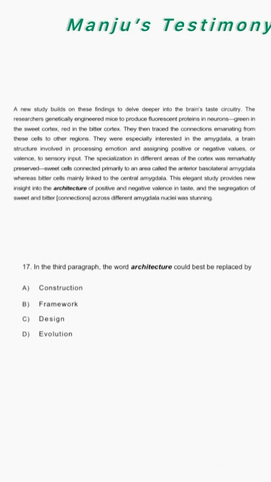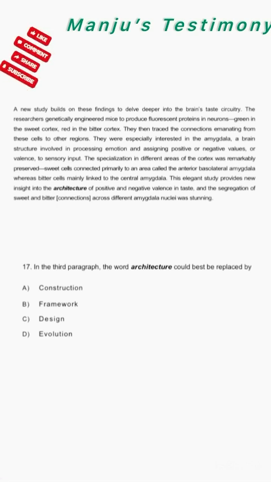Okay, first option construction. From the text, we could understand that this architecture they are talking about brain's design, right? Brain design. So let's see construction. Construction is something. It is a synonym related to building. We are using construction to describe building, right? So it's not something related to explain human body or biology. So next is framework.